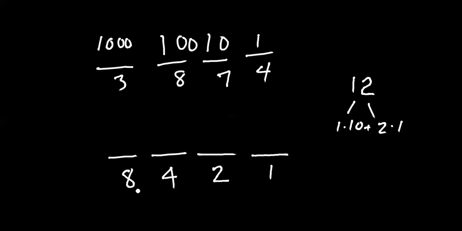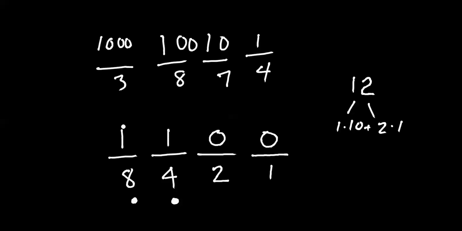So to get the number 12 here, we would need to put something in the 8 spot, and we would need to put something in the 4 spot. So we're going to put a 1 here. We're going to put a 1 here. We're going to put a 0 here for 2's. We're going to put a 0 here for 1's.